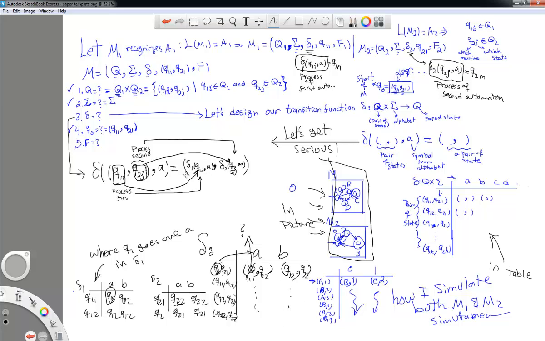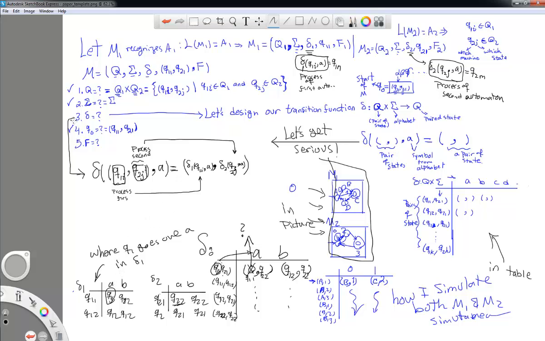how formally I define my computation based on the computations of the original automaton M sub 1 and automaton M sub 2, right? Since I already have the delta sub 1 and delta sub 2, what I'm going to do is use those two elements to calculate the computation of my combined machine.